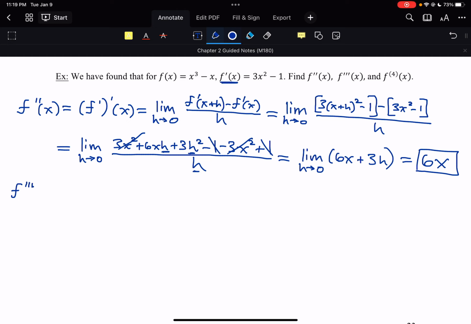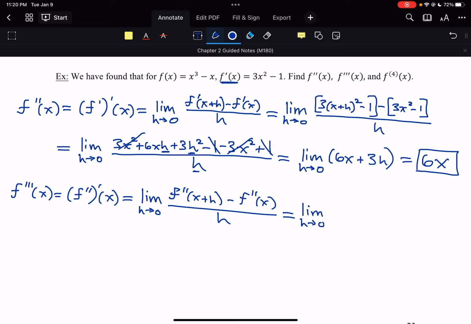And then this pattern continues. So for f triple prime of x, that would be the derivative of the second derivative, so f double prime prime. So this is the limit. You'll notice these derivatives are going to get a little bit easier as we go along here. So that's f double prime of x plus h minus f double prime of x all over h. So that's the limit as h approaches 0 of 6 times x plus h minus 6x all over h.